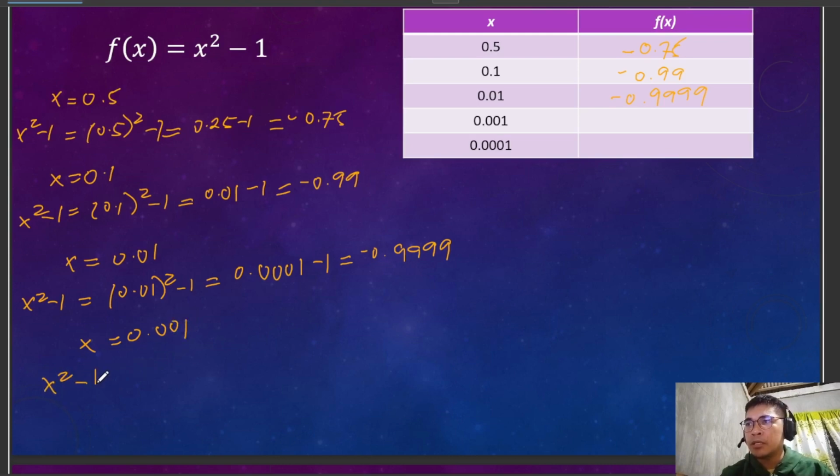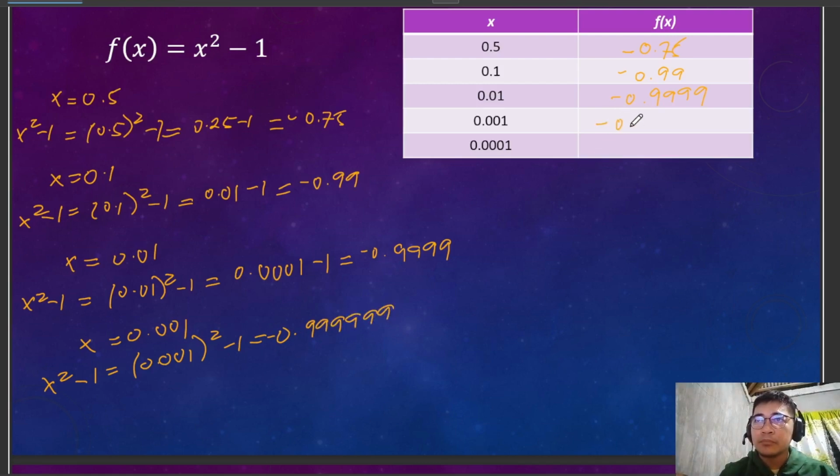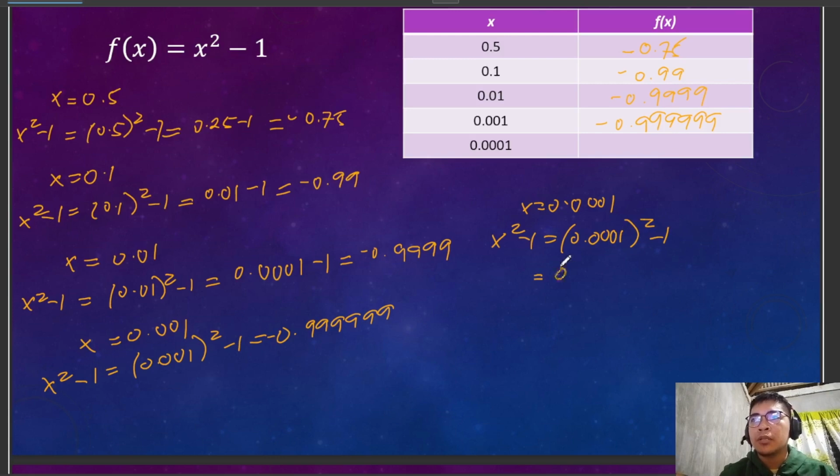We just substitute, so the answer is negative 0.999999. So as you observe, it is the same pattern as from the left side. Last, x squared minus 1 is equal to 0.0001 minus 1. We just substitute, and the answer here is negative 0.99999999.